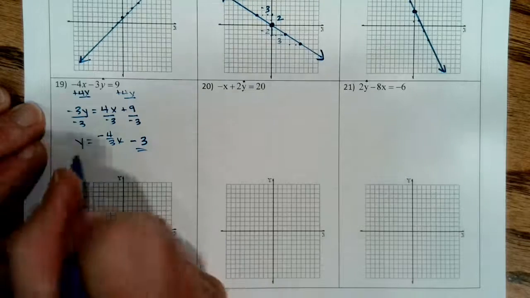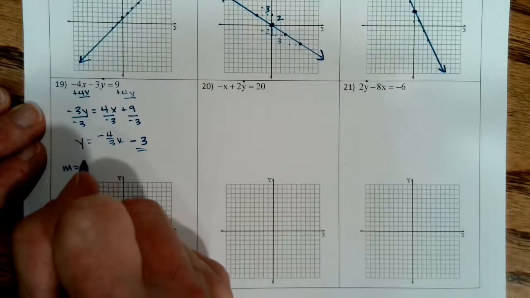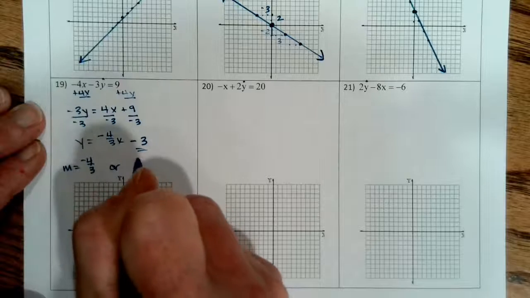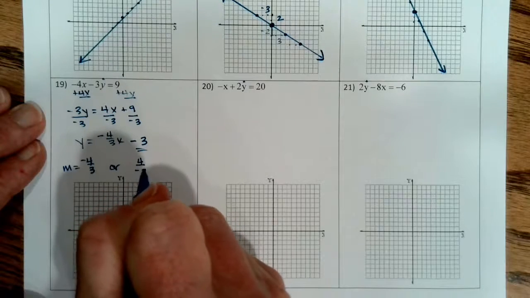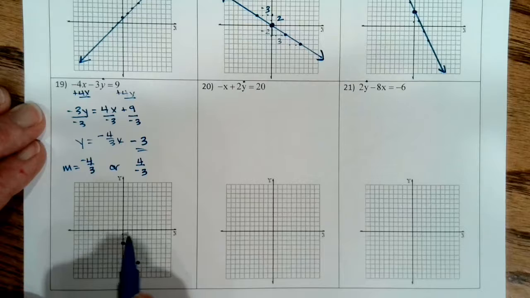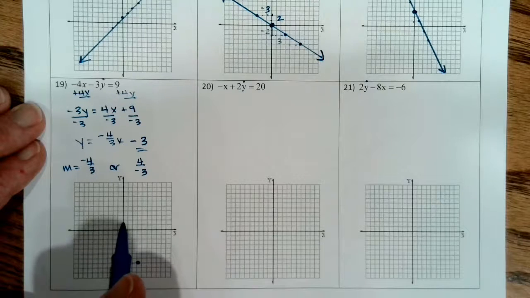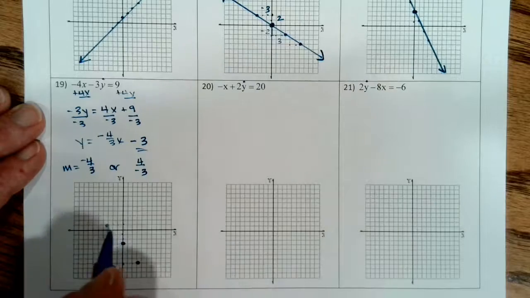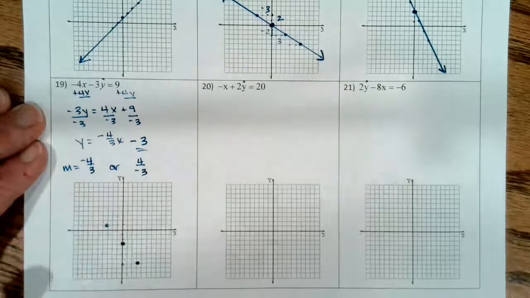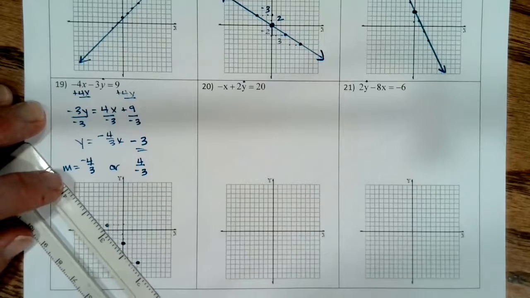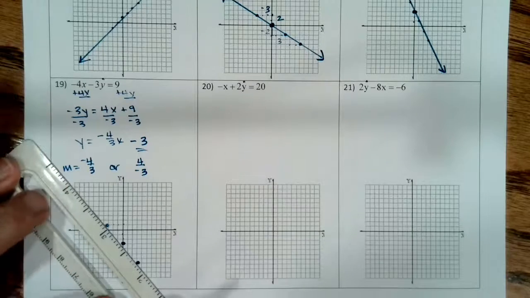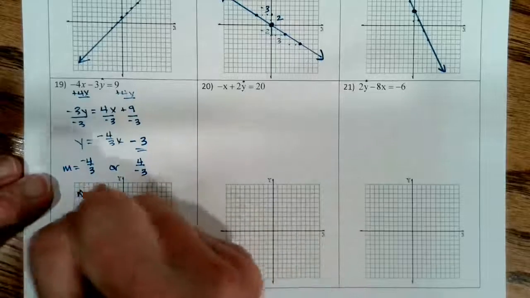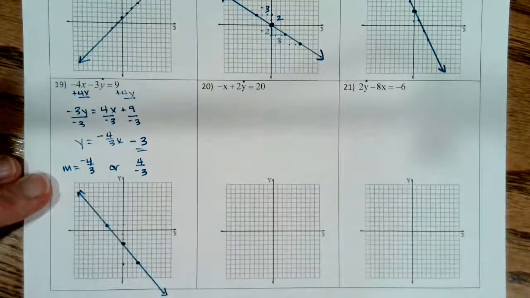I could also think of this slope-wise, a fall of 4 and a run of 3, or a rise of 4 and a run of negative 3. Notice I end up with my points in a straight line that I can connect, add arrows as endpoints.